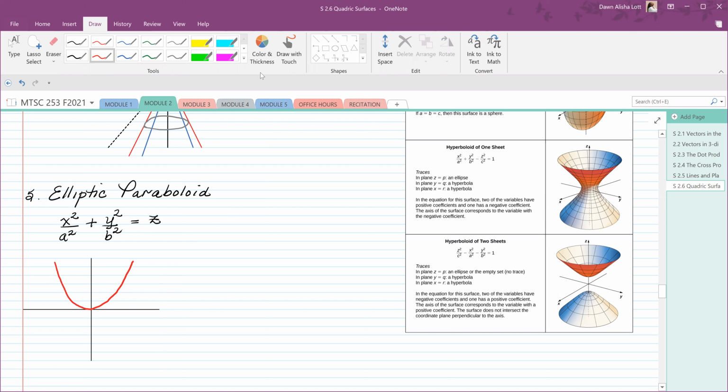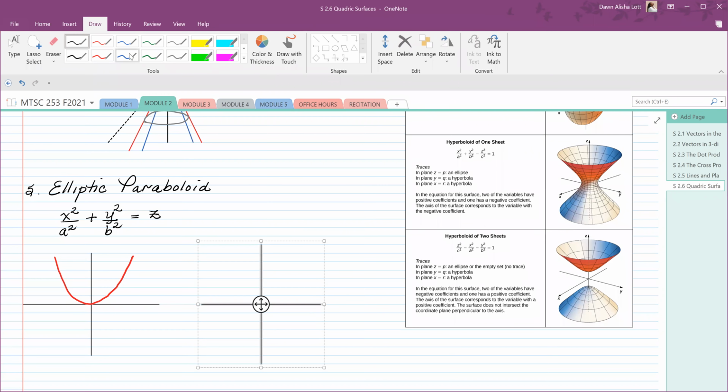I thought I did this one. No, I didn't. And in the YZ plane it is a parabola.